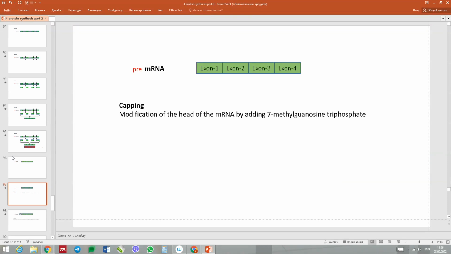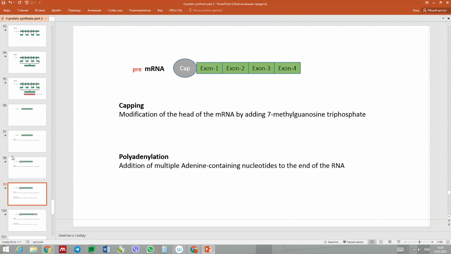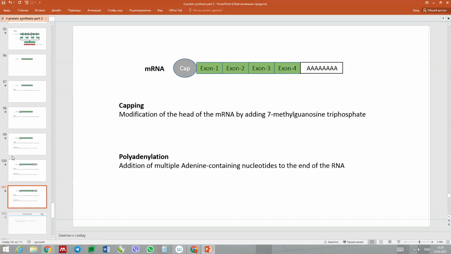And this is what happens during capping and polyadenylation. So what is capping? Capping is modification of one end of messenger RNA, and polyadenylation is modification of the other end of messenger RNA. And now, after splicing, capping, and polyadenylation, we have messenger RNA with meaningful information that is protected from destruction inside of the cytoplasm by the enzymes.